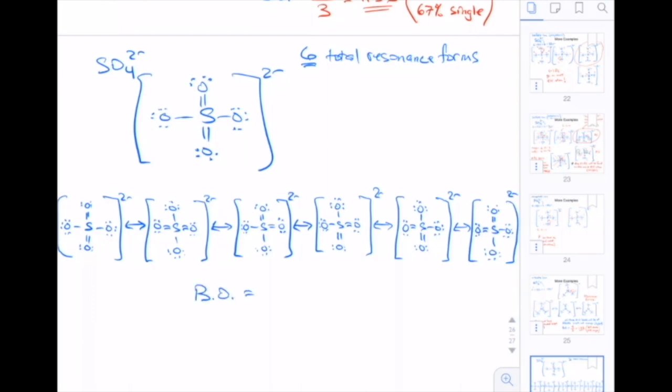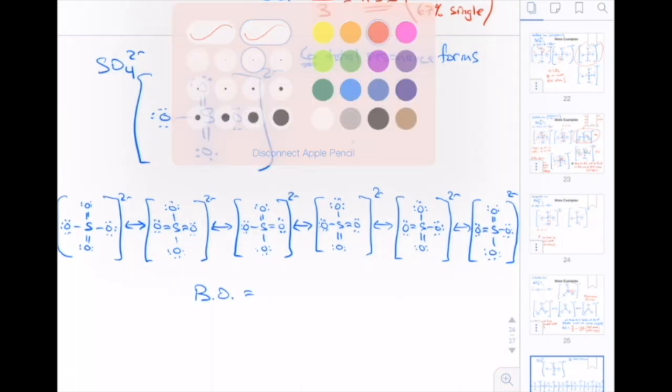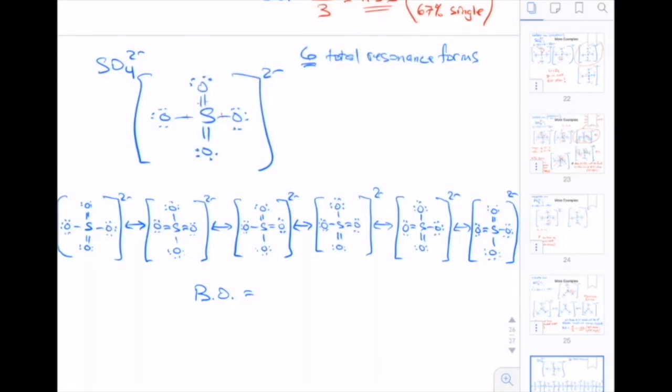The bond order would be, in any one of these, we have 1, 2, 3, 4, 5, 6 bonding pairs of electrons, and we have overall 4 bonds shown.